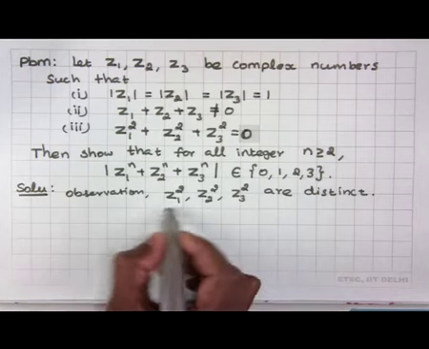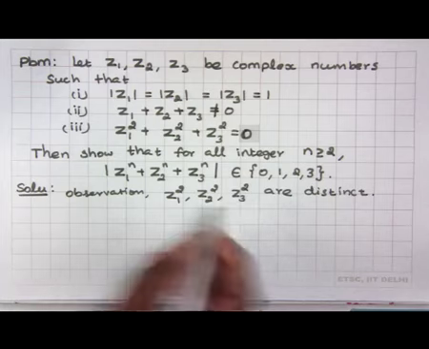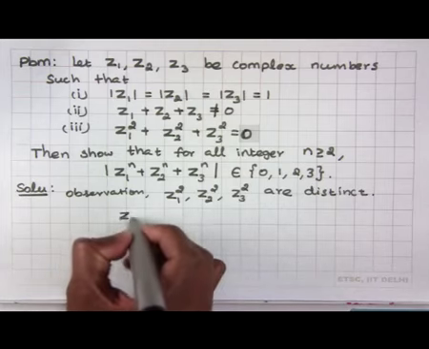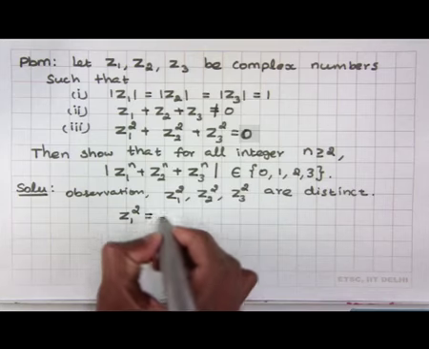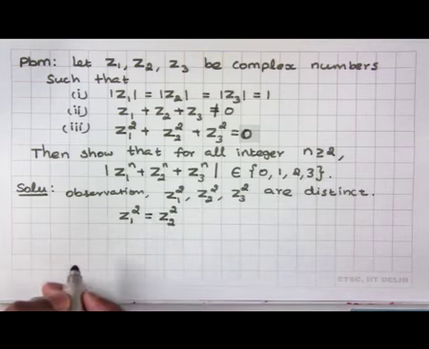Suppose they are not distinct, what happens? Let us say Z1 square equals Z2 square.